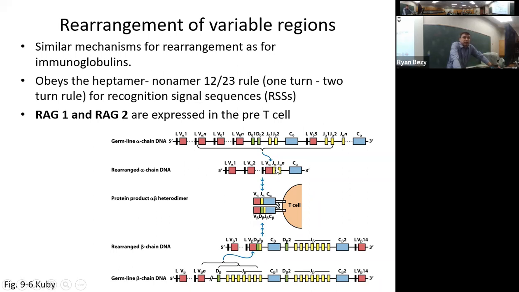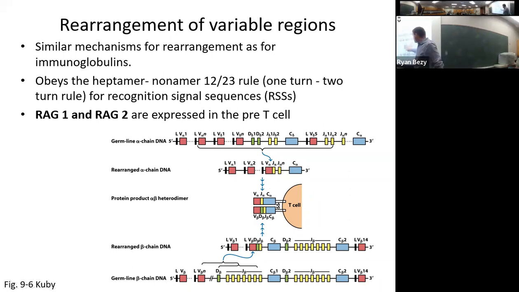This is then the rearranged DNA right here, but then you go through RNA splicing to get to the final expressed alpha chain. Same thing here with beta, but again, you have DJ joining first, and then V to DJ joining. Questions about that?